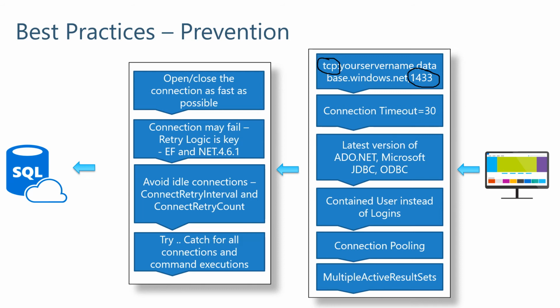At the end, you have one connection that is in an idle state but still open, so you are not able to reuse this connection. So my suggestion is always to try to catch all connection and all command execution errors. It's very important to have this in order to prevent not being able to connect. So it's very, very, very important.